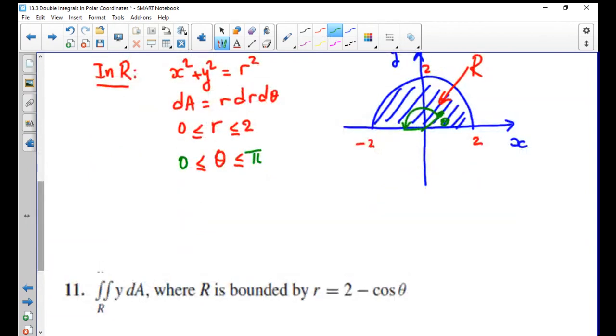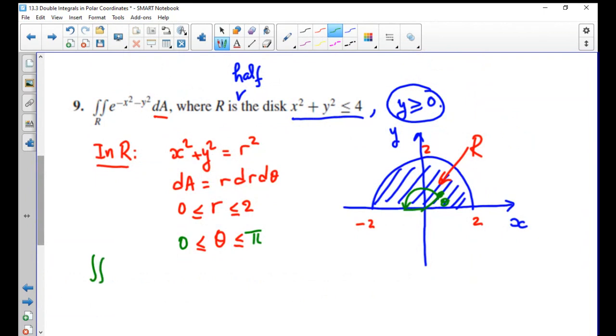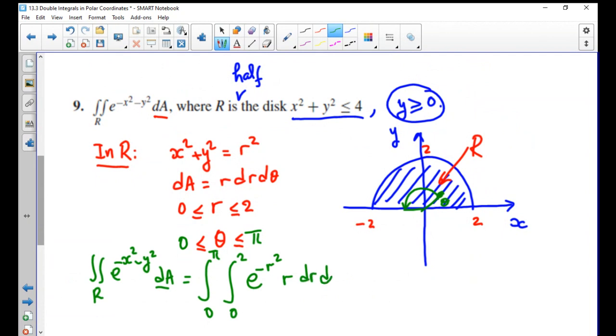After that, we then say, okay, so the integral then will be the integral from 0 to 2 and 0 to pi of e to the power of minus r squared, and then dA is r dr d theta.